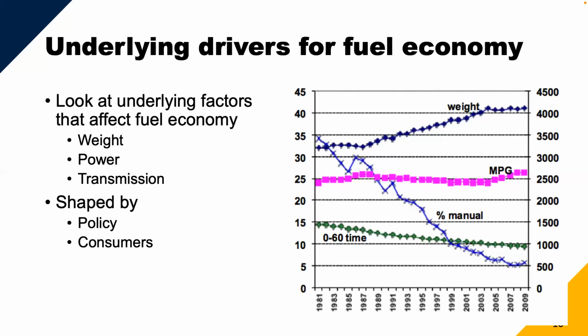And this is shaped by what people want, or maybe what automakers tell people that they want. And it's also shaped by policy. We're going to talk about this in a later lecture, but there are fuel efficiency standards that basically require automakers to build cars to meet some kind of average fuel efficiency.